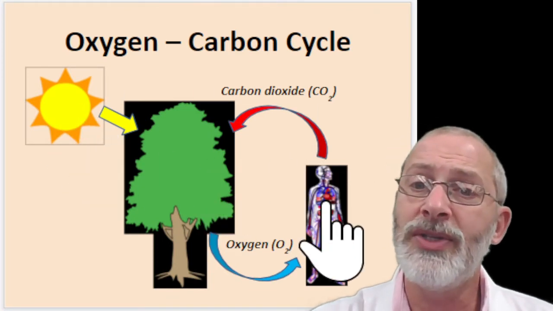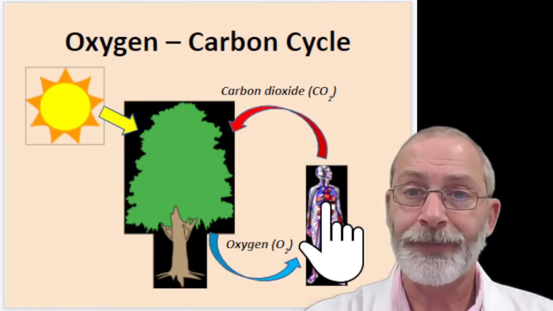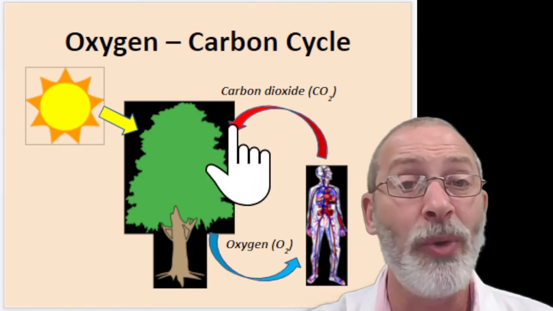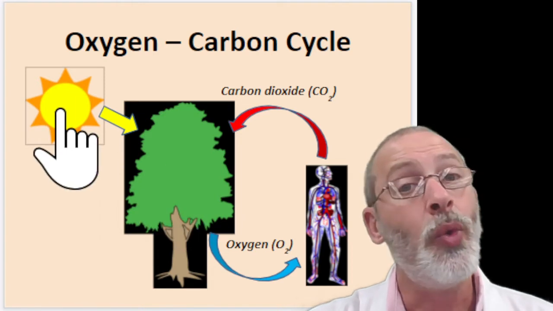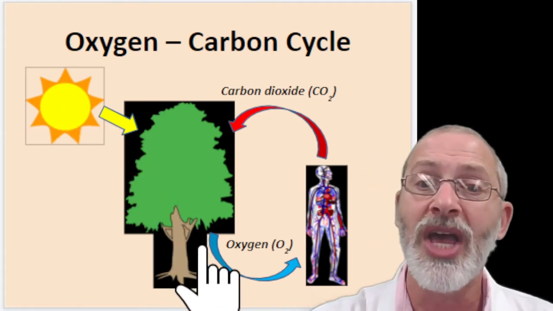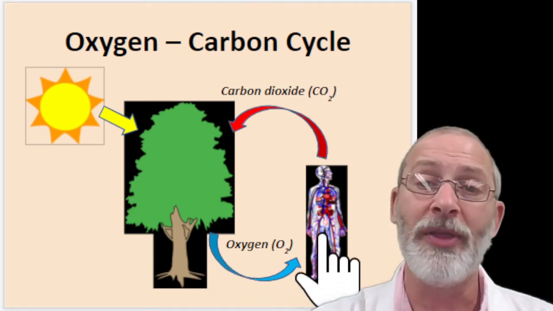And you will notice that we, as mammals, as animals, produce carbon dioxide gas as a waste product. Plants, in this case trees, with the help of sunlight, undergo photosynthesis and produce oxygen. And oxygen is produced by the plants.